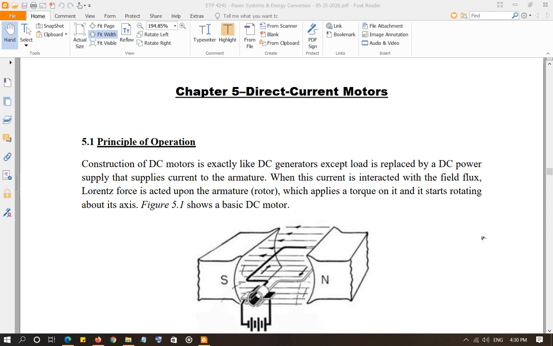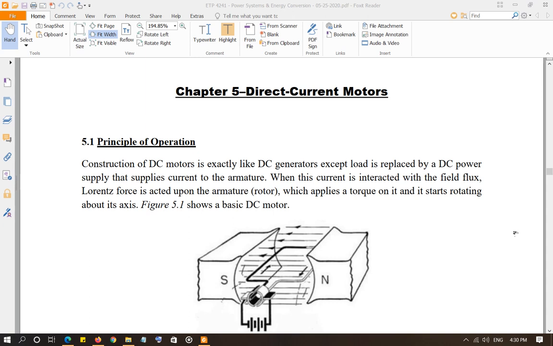That is, when a current carrying conductor is placed in a magnetic field, then the interaction between the field produced by the current carrying conductor, the electric field, and the magnetic field produced by the flux or the magnet, produces a force on the conductor.